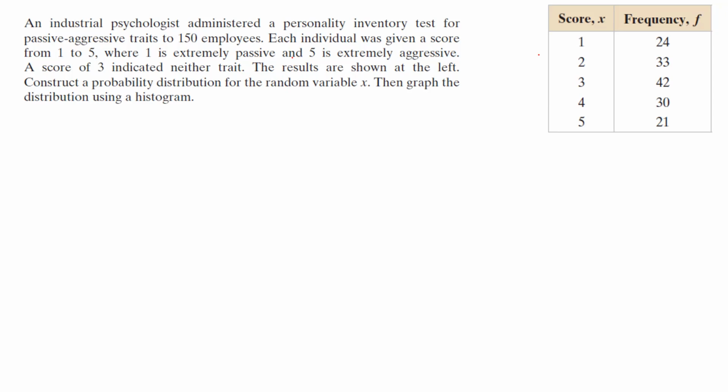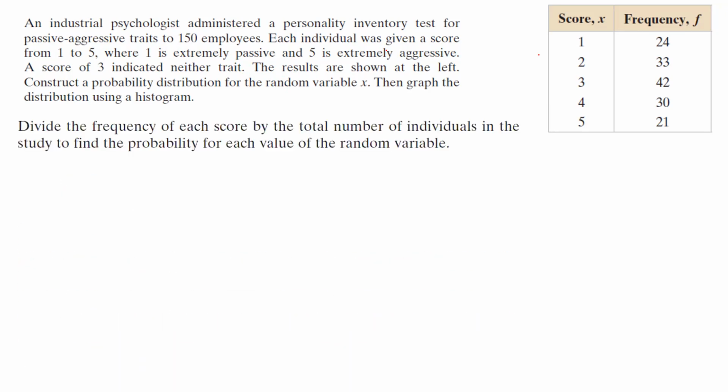X is a discrete random variable. Now, how do we calculate the probability distribution? Divide the frequency of each score by the total number of individuals in the study. How many people? 150 people. If you add all of these numbers together, it adds up to 150. 24 plus 33 plus 42 plus 30 plus 21 is 150.